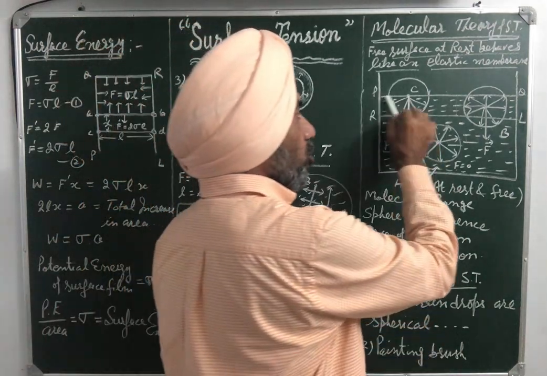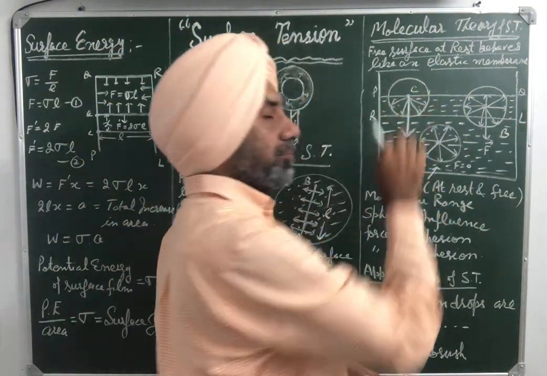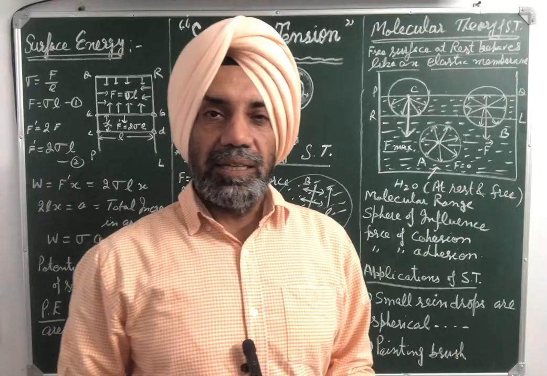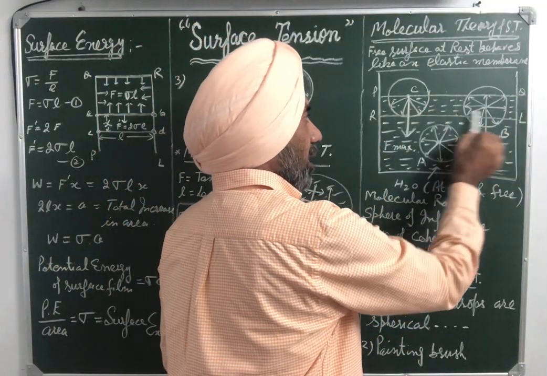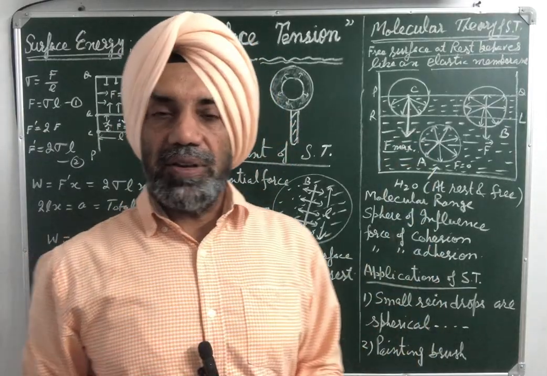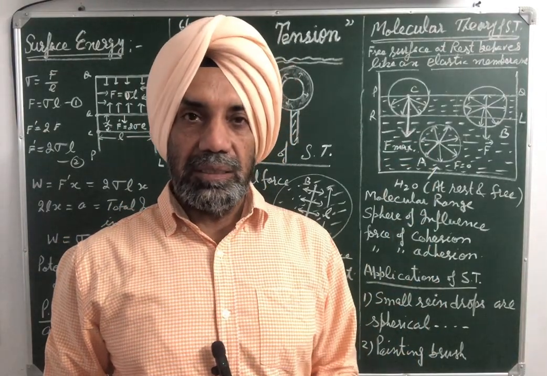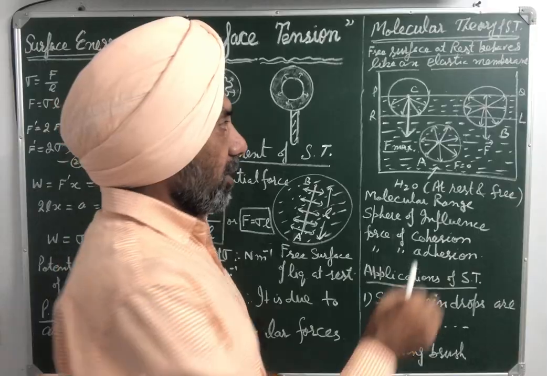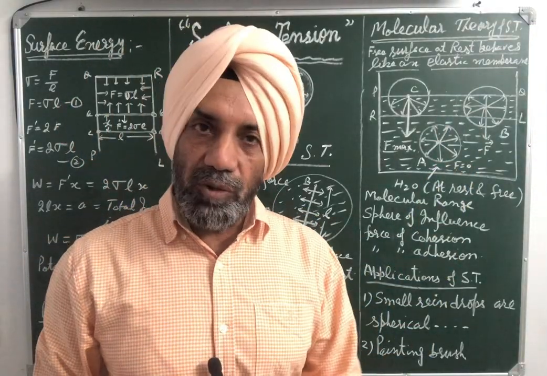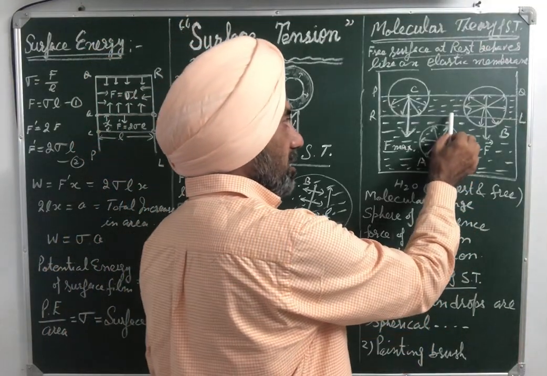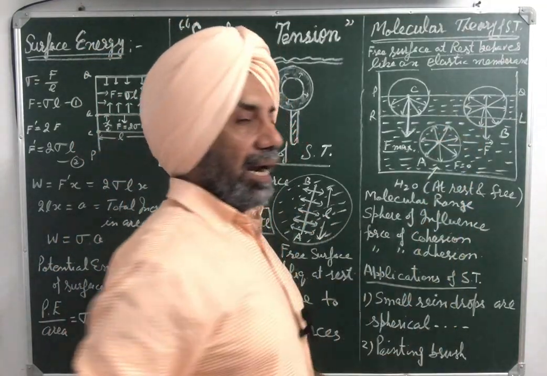This region is known as the surface film. The surface film is that layer just above the surface of the liquid in which all the molecules experience a net downward force, and this force increases as we move up and becomes maximum at the top.